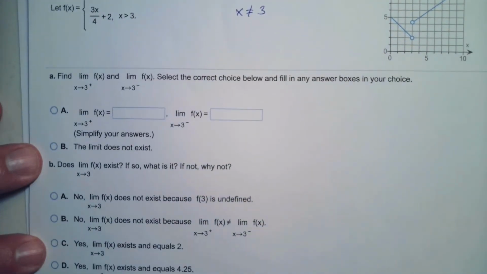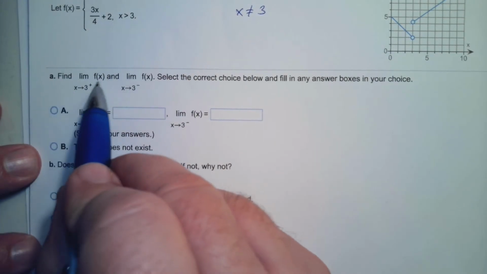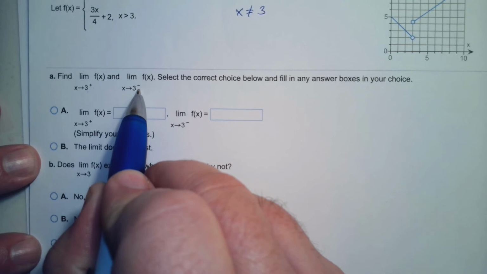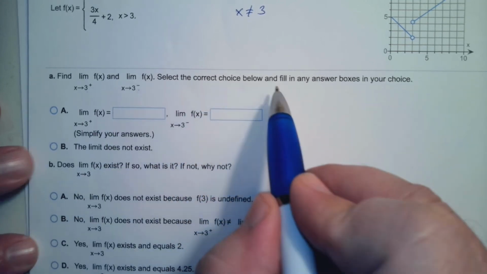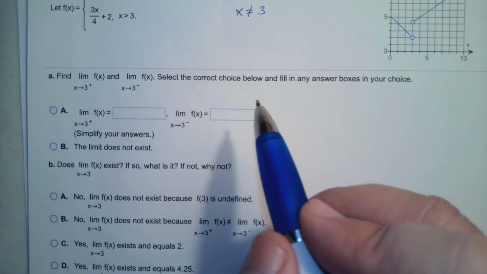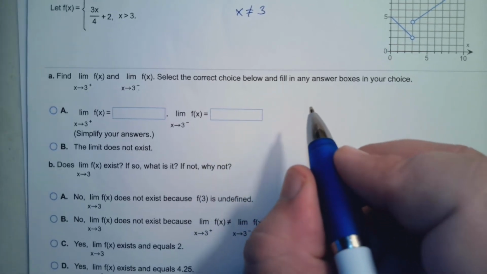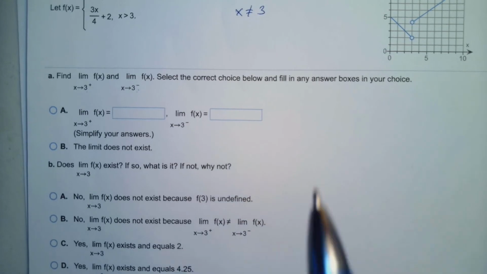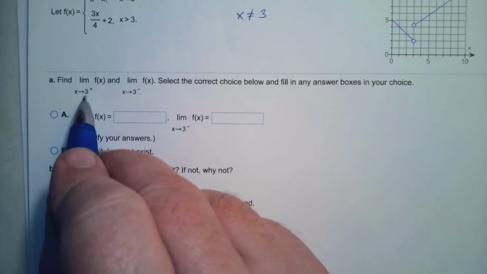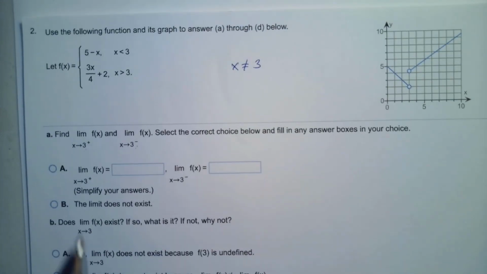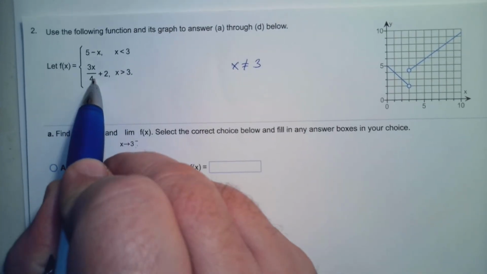Alright, let's look at the first one. Find the limit of f of x as x approaches 3 from the right and from the left. Select the correct choices below. So if x is coming to 3 from the right, that means it's going to be greater than 3, so we use this equation.